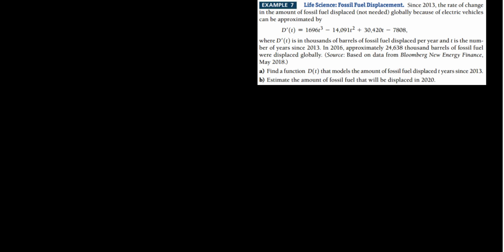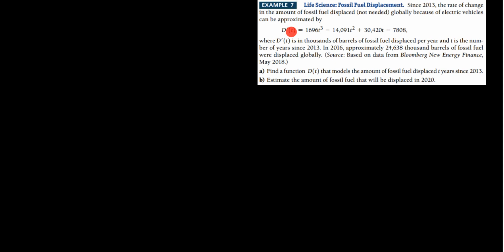Looking at the word problem: since 2013, the rate of change in the amount of fossil fuel displaced globally because of electric vehicles can be approximated by our function here. Keep in mind it's D prime of t, so this is our derivative, where D prime of t is in thousands of barrels of fossil fuel displaced per year, and t is the number of years since 2013.